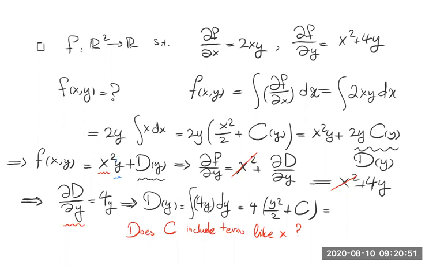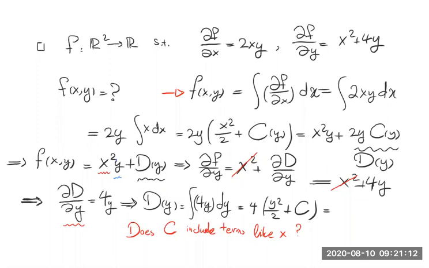Why is that? Well, let's go back here. When we were computing f of x and y, I said, how did I get to d? When I was computing f here, I took the integral of the derivative of f with respect to x.